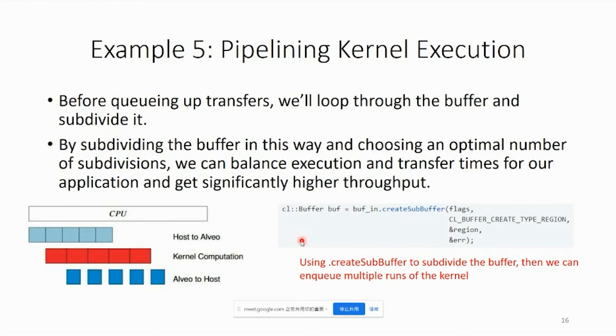Then we can create the sub-buffer by using create sub-buffer, and then choose the region. The loop will be like this, and it will split into any number of parts.